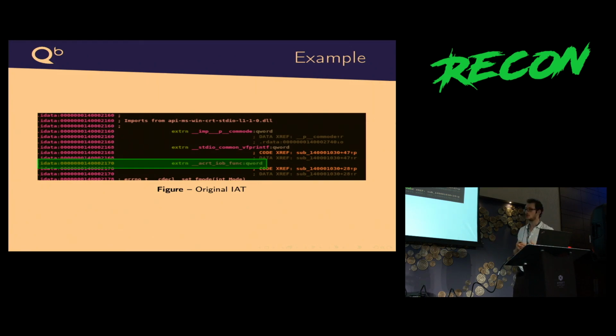And to do hooking, we can just relocate this import address table elsewhere in the binary and patch this original table with trampoline functions that will jump either into the hooking function or into the new import address table.